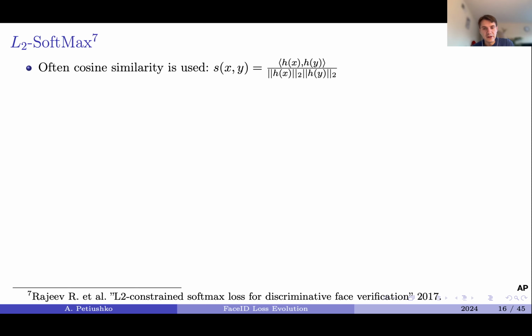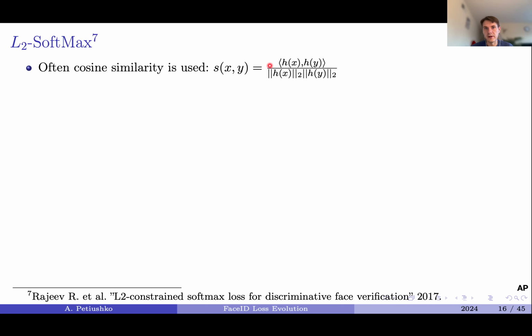Okay, the first approach is basically the normalization-based one. It is called L2 softmax. Please do not mix it up with L-softmax, because L-softmax is a much more advanced approach, which we will look at later today. So, L2 softmax. Often cosine similarity is used as a similarity function, as I talked about before.